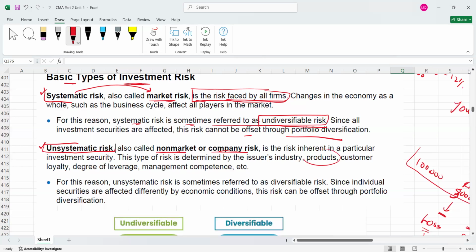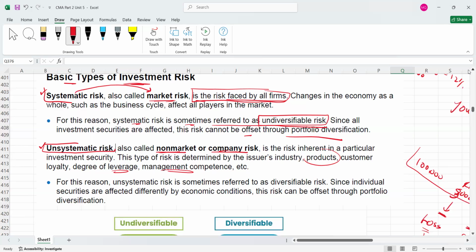For example, if there is an automobile industry, maybe this risk can belong only to the automobile industry, let's assume. Then maybe leverage, degree of leverage, or maybe management competencies. For example, company A is having incompetent management. So this risk can be avoided if you invest into another company which is having competent management, right? So this is what unsystematic risk is.